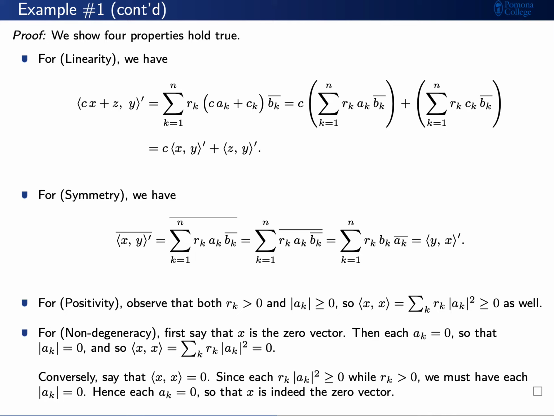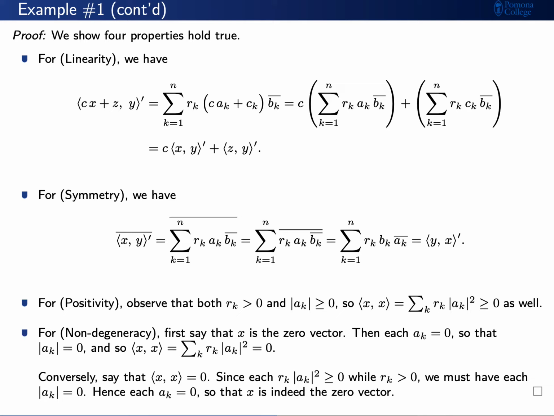But now for non-degeneracy, let's first say that x is the zero vector. This means that each component a sub k is 0, so the absolute value of this complex number a sub k is also 0, so that the inner product of x with itself is a sum of r sub k times the absolute value of a sub k squared, which will be 0. Conversely, let's say that the inner product of x with itself is 0 as a complex number.